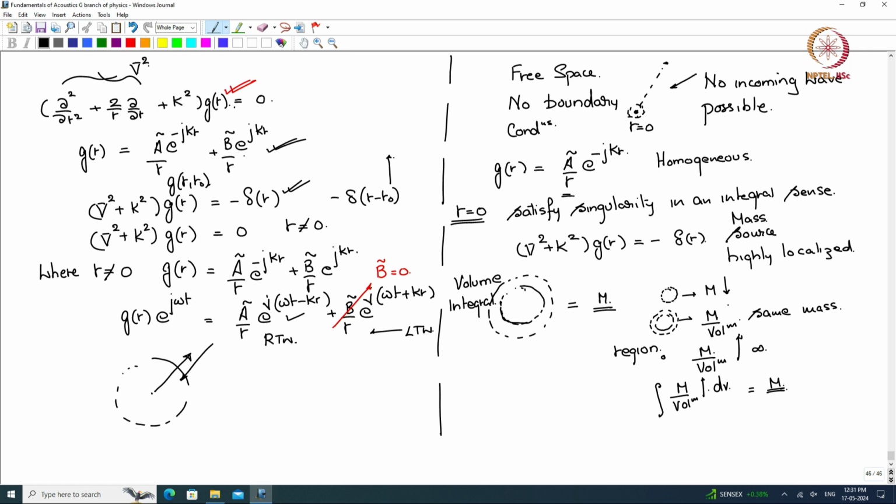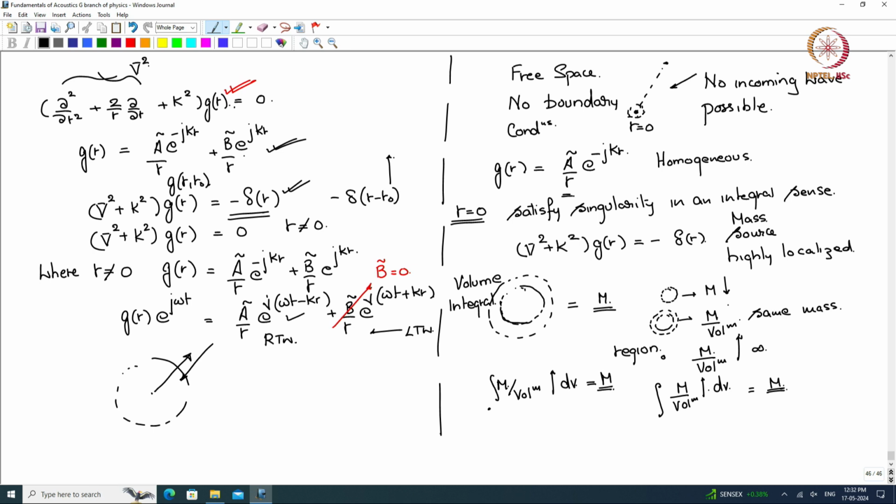Okay. So that is the idea over here. With a delta function, there is an infinitesimally small region over which mass is being injected, such that the density, mass per unit volume, is very high, such that when I integrate it over this small volume, dV, I get the same mass out.